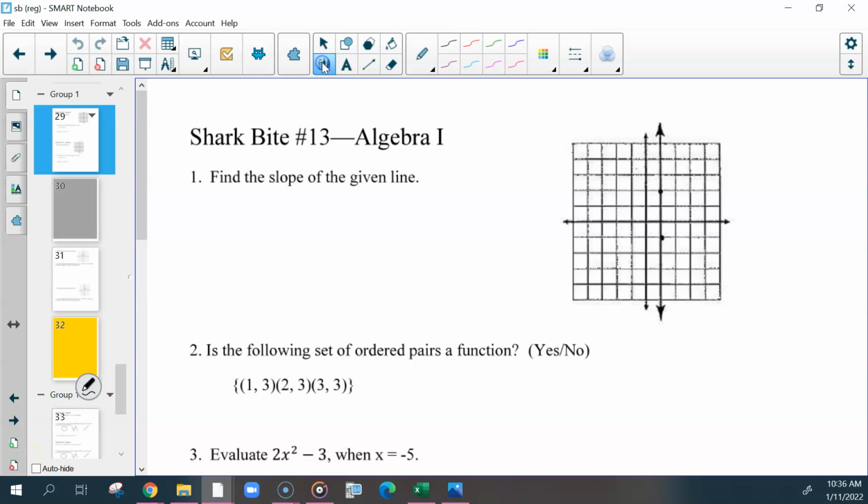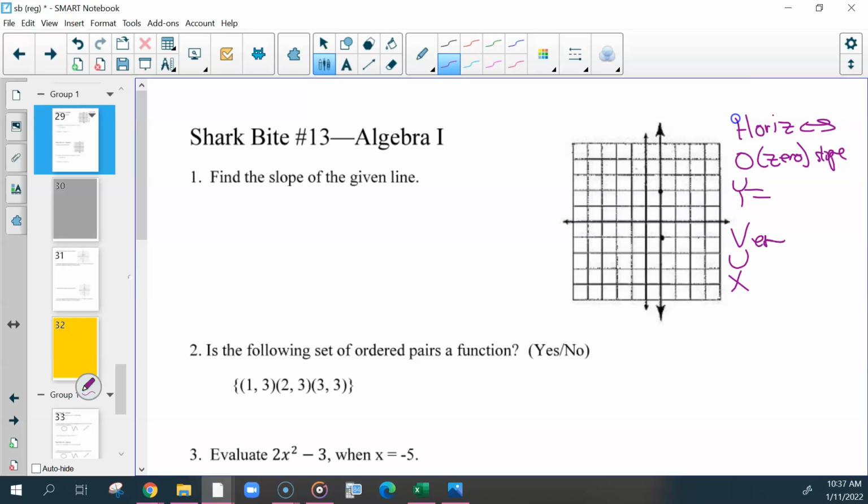Okay, for number 1, we need to find the slope of this line. This is a vertical line, so you may need to remember what the slope of a vertical line is. You may need to remember your rules, which means horizontal lines have 0 slope, and these are y equals equations.